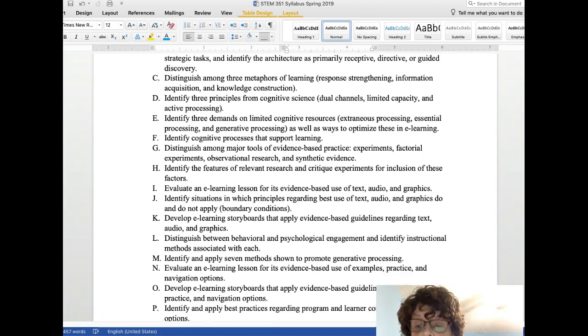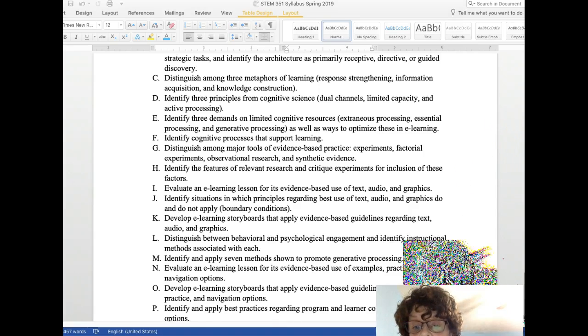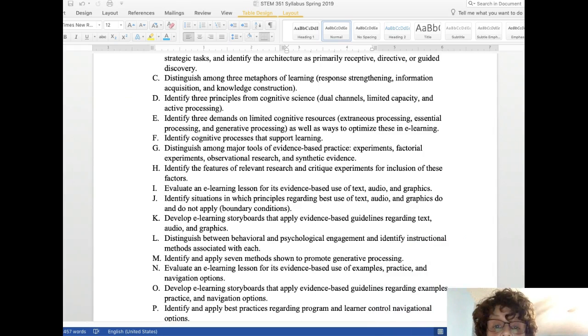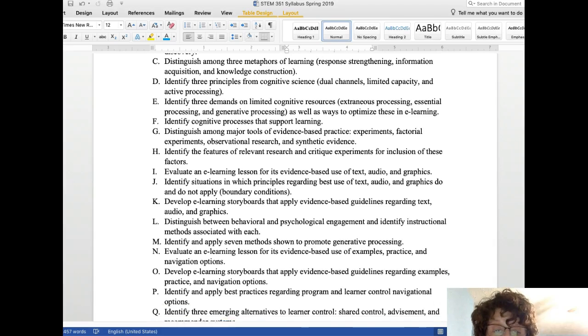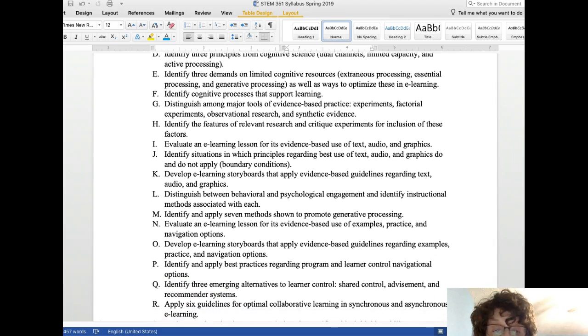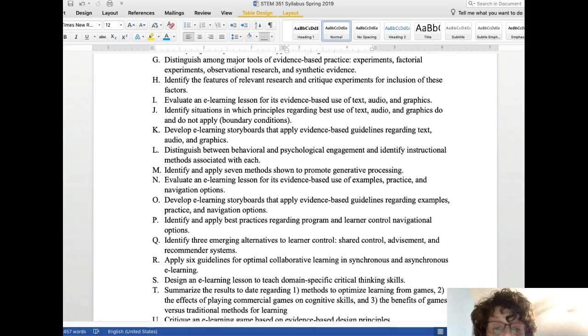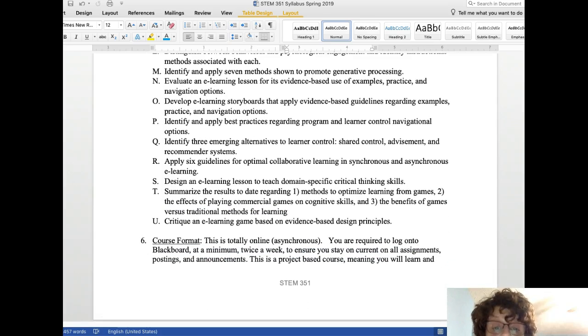What you are really learning is how to develop a training type of module that could be used to help others learn a new skill. So if you look along in here, it says you're going to develop storyboards, but you're going to develop an e-learning module, and you're also going to evaluate other modules that you see to see if they provide the type of training that really helps a person learn and understand a concept.